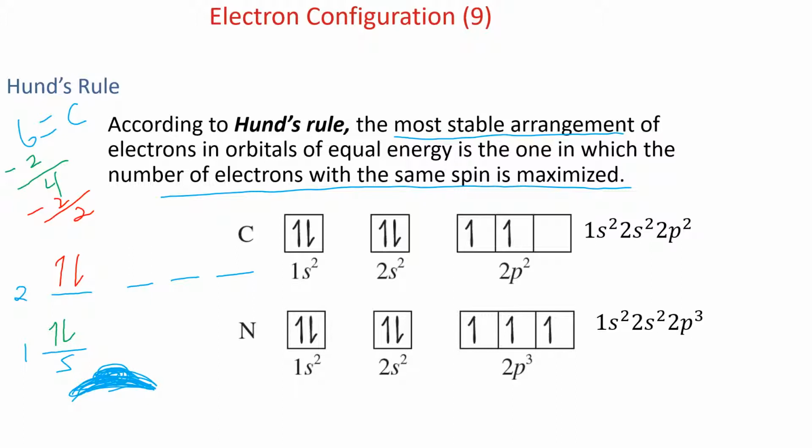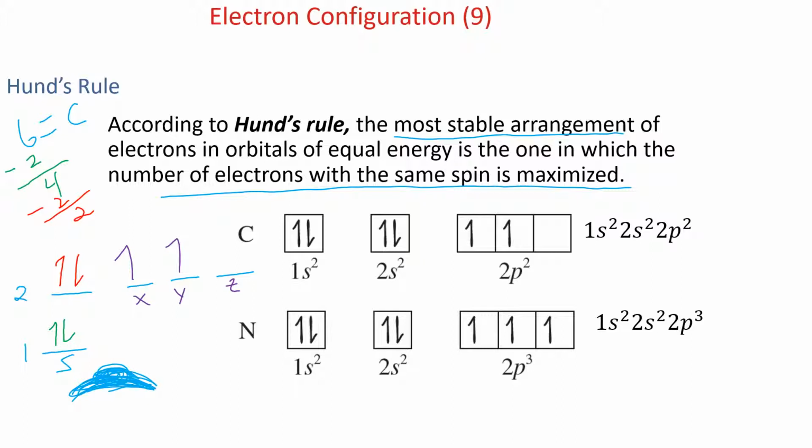Now, the way we do this, according to Hund's rule, is that we're going to fill each empty spot first, then go back and double up. So what I would do is I would say, okay, 1 in this orbital, perhaps maybe this is the x-axis. This would be y, this would be z. And then fill the last one in the y-axis, figure 8 orbital. Okay?